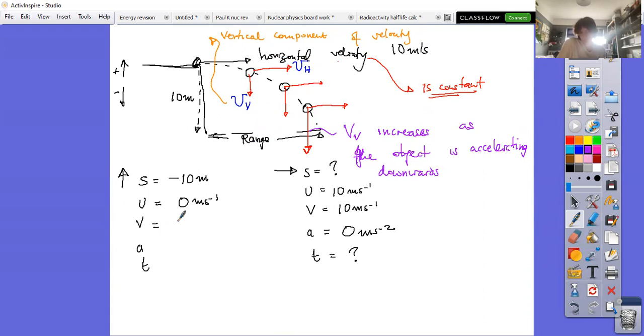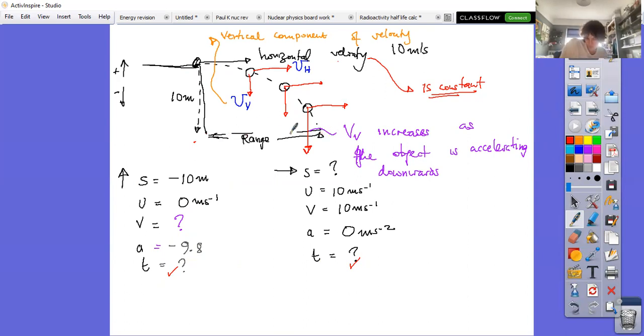Final velocity, do we know what the final velocity is when this hits the ground? No idea. We don't know what that is. G, that's acting down. So I can say that that is minus 9.8. The time, we don't know the time. Now, the key thing to note is that these two times here will be common to one another. They will be common, because how long it takes to travel vertically is the same time that it will take to travel that horizontal distance.